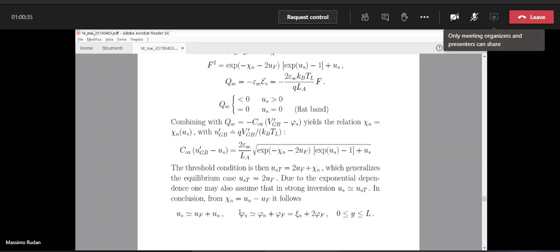This is not true, of course. And there are also more refined theories described in the saturation regime, okay? But we don't have time for that.